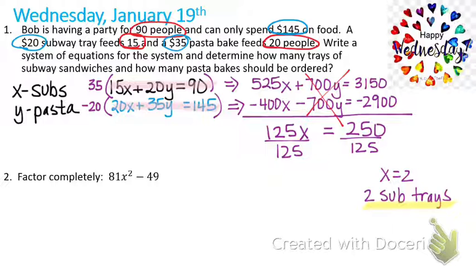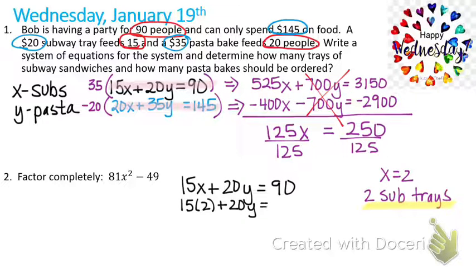So I'm going to use this top one that says 15x plus 20y equals 90. So we figured out that x is 2. So that would be 15 times 2 plus 20y equals 90. Go ahead and solve that for y. Solve this equation for y.